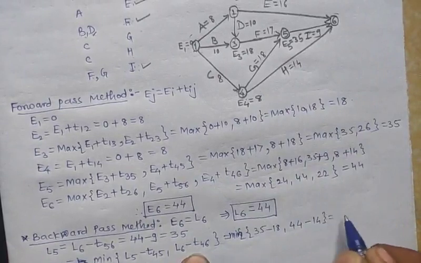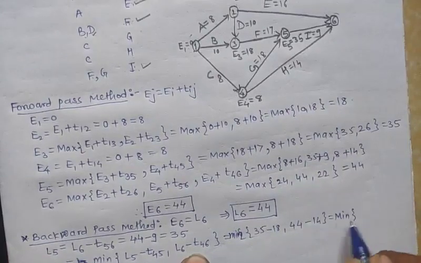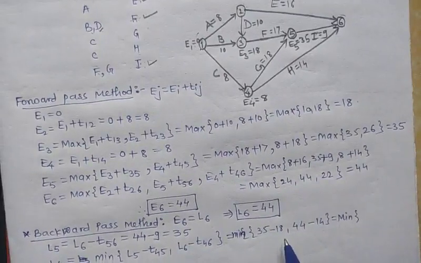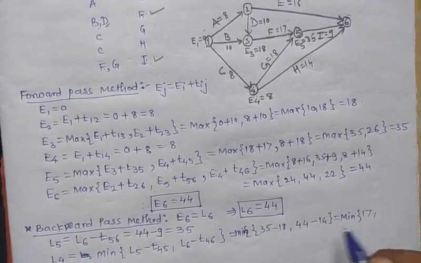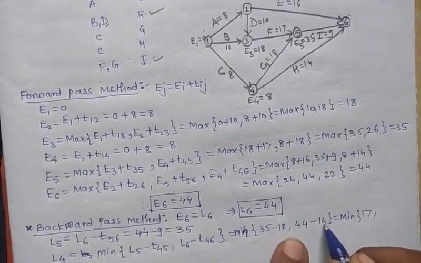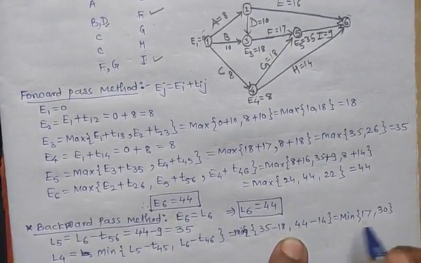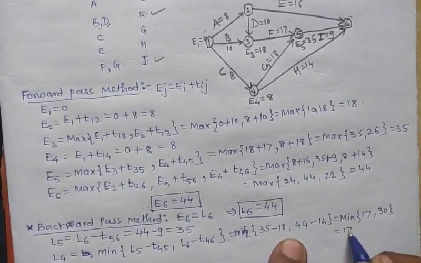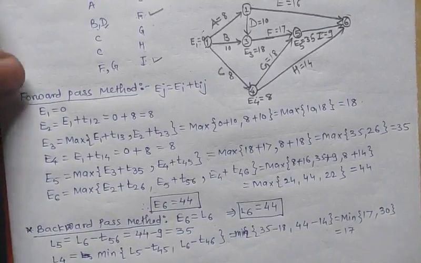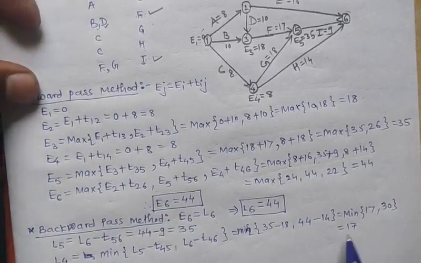So 35 minus 18 we get 17, and 44 minus 14 we get 30. Among that, the minimum value is 17. Okay, so the value of L4 is 17.